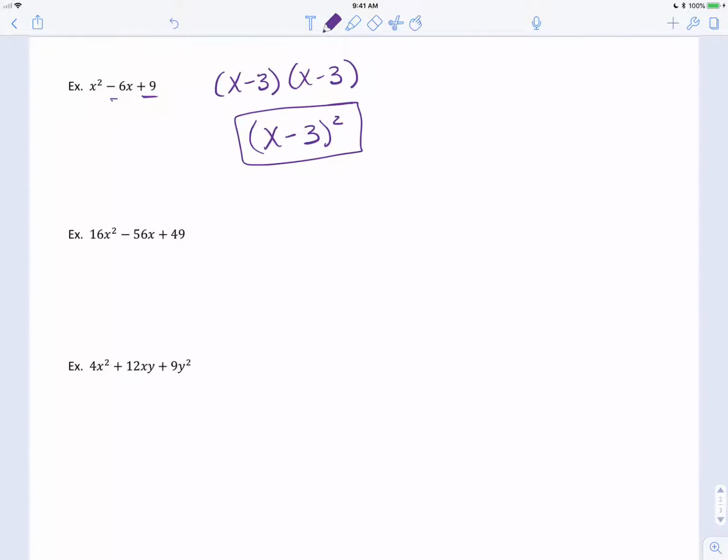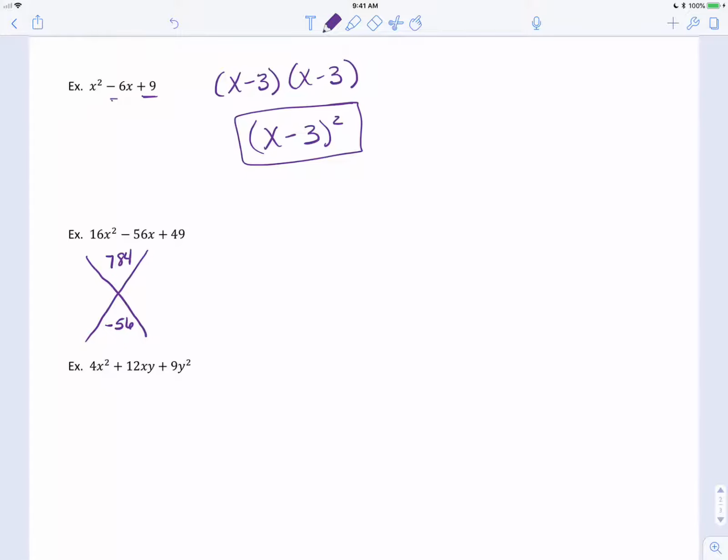16x squared minus 56x plus 49. Well, you could use the big X method on here, and you're going to get some really big numbers, which is okay. 16 times 49, ooh, 784, and then we have negative 56.